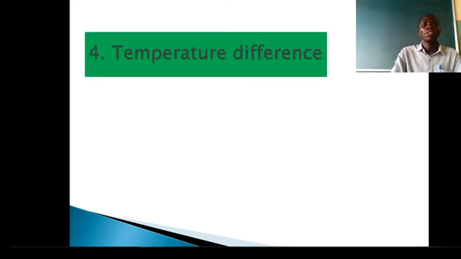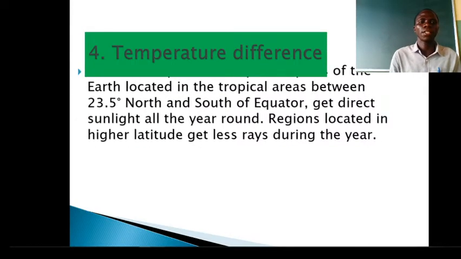The fourth effect is temperature difference on the earth's surface. Dear students, as you know, we experience different temperature in different regions. This is because of Earth's rotation.